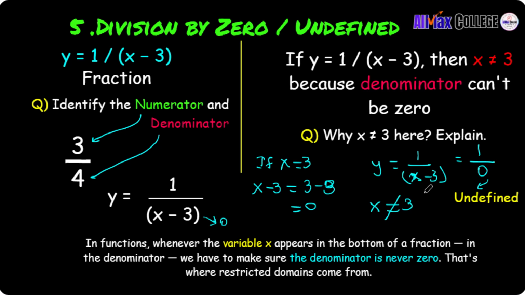In functions, whenever the variable x appears in the bottom of a fraction, in the denominator, we have to make sure the denominator is never 0. That's where restricted domains come from.